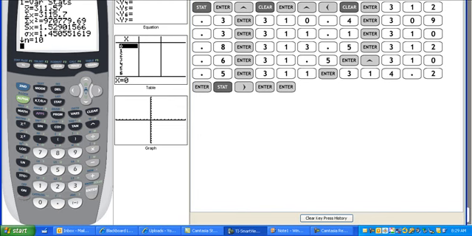The sample standard deviation, which is the one we're doing, is this Sx. 1.529, and we want it to the nearest hundredth, so it'd be 1.53. So that's the one we want for that.